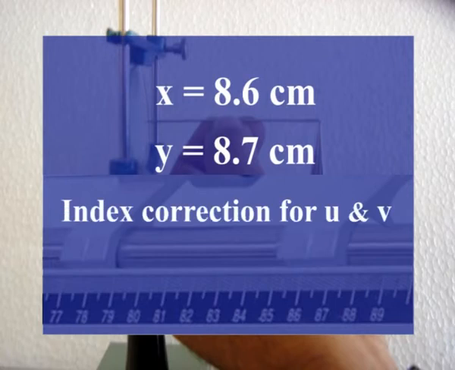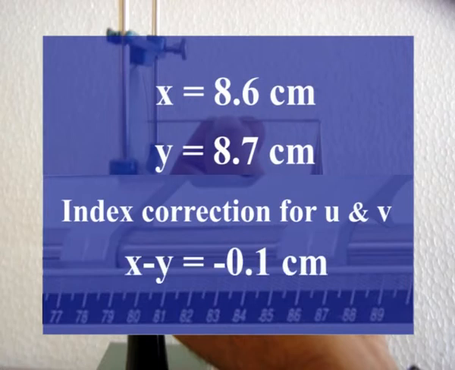Hence, the index correction for u and v, that is X minus Y, is minus 0.1 centimeter.